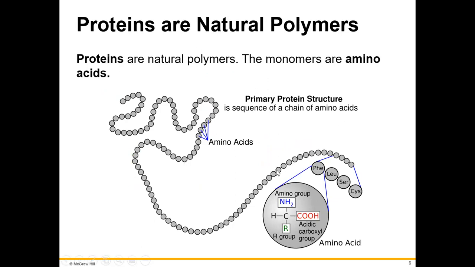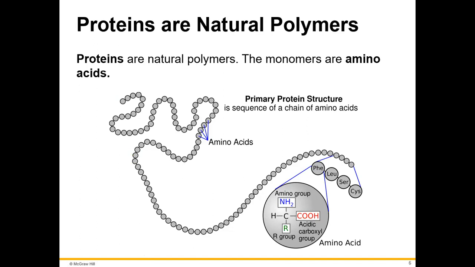So this is just a cartoon version of it, okay? Amino acids are not really little circles, just so you know. They are much more complicated looking than just little circles, but for the sake of this figure, they are being represented as little circles, but each amino acid is the monomer and they link together to form a polymer.